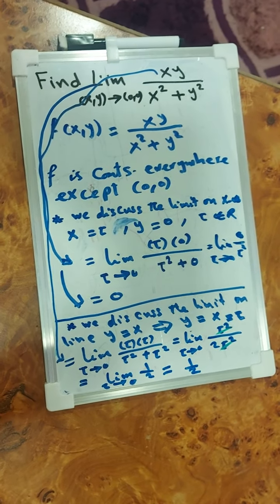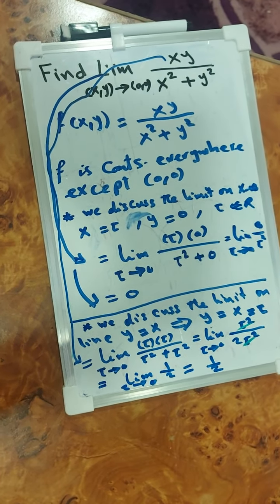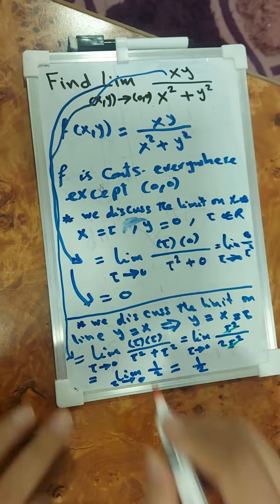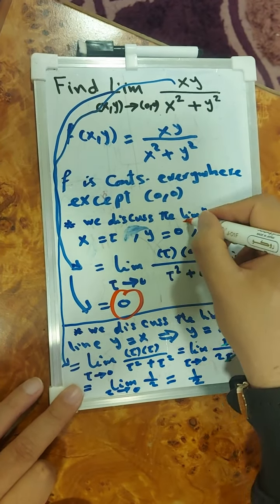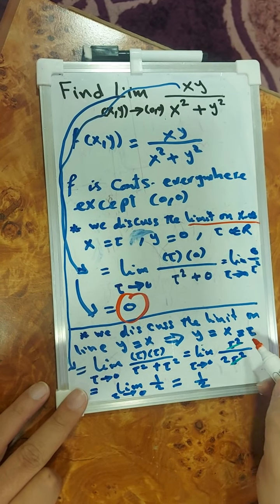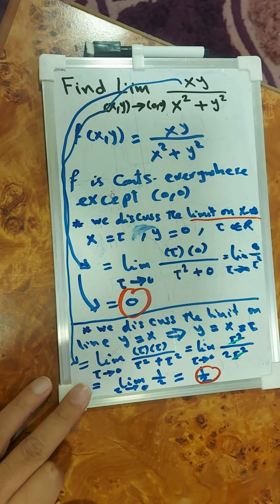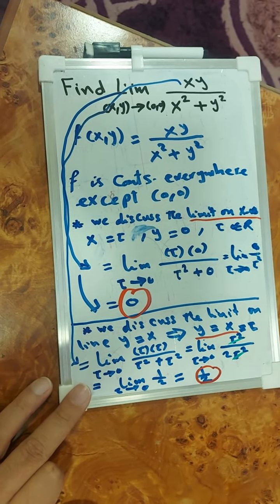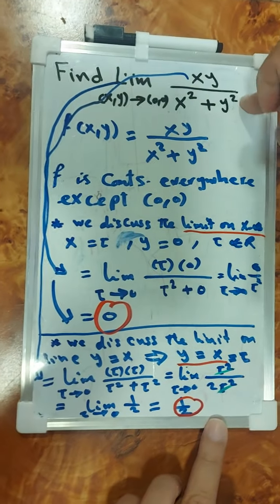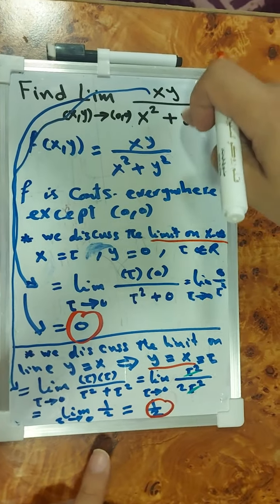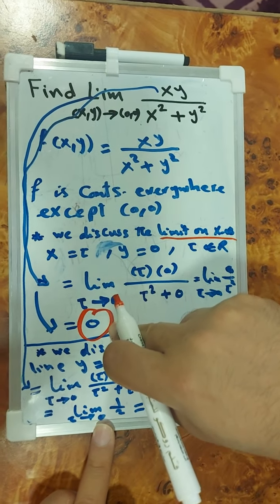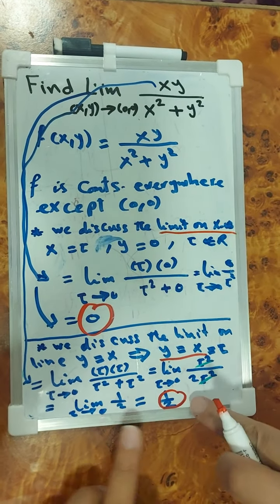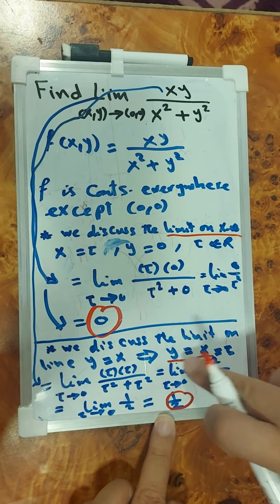Now we have two different values of the limit. The first value is 0 on the x-axis. The second value of the limit is half on the line y equal x. So this limit has two different values: one is 0 on the x-axis and one is half on the line y equal x.